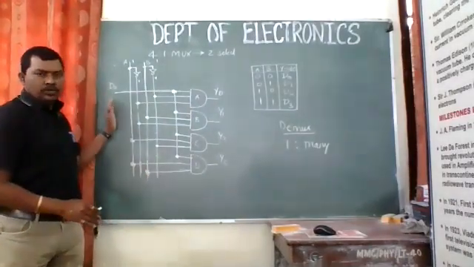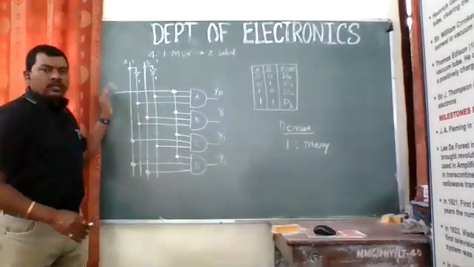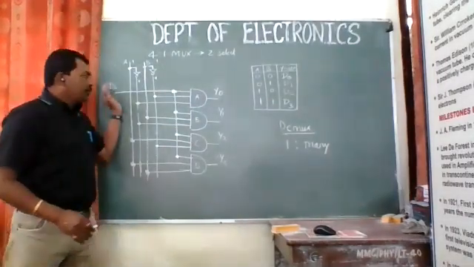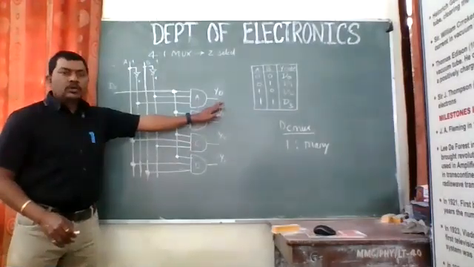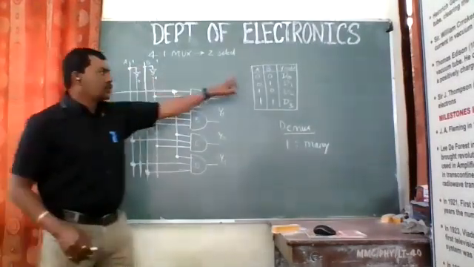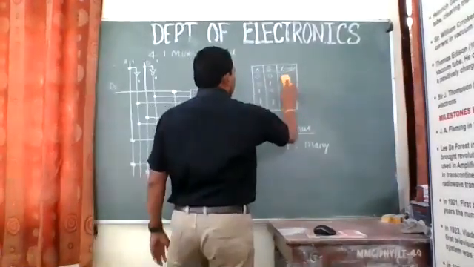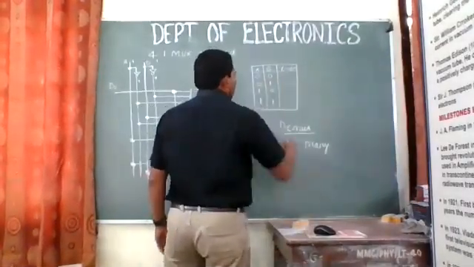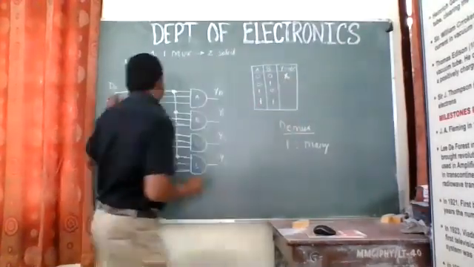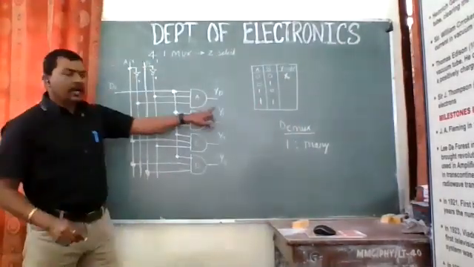So just imagine how it goes. When we want this input to be given to Y0, then we'll be having this code, that is 00. So the input will appear at Y0. Input D0 will be at Y0.